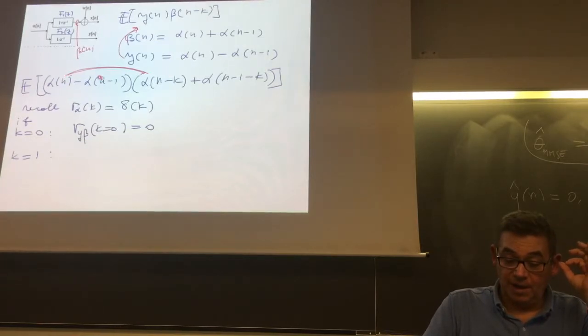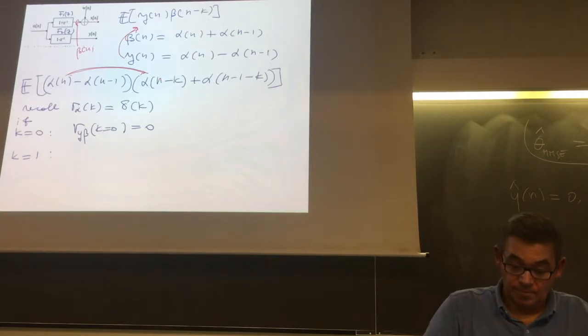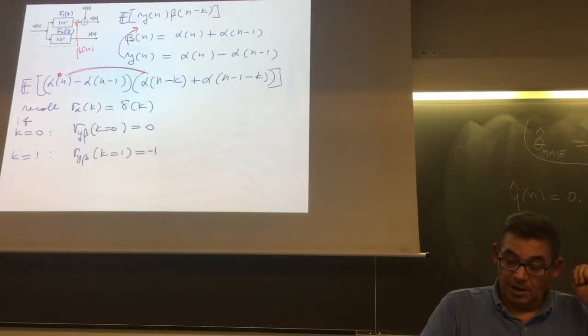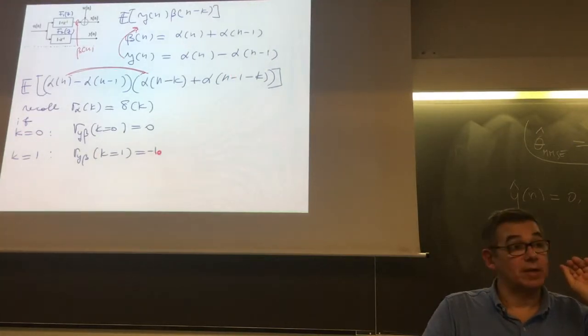Then I have alpha n minus 1 with alpha n minus 1, 1, with the minus sign, minus 1. Then let's continue. Then I have alpha n with alpha n minus 2, 0. Then I have alpha n minus 1 with alpha n minus 2, 0. The result is minus 1.